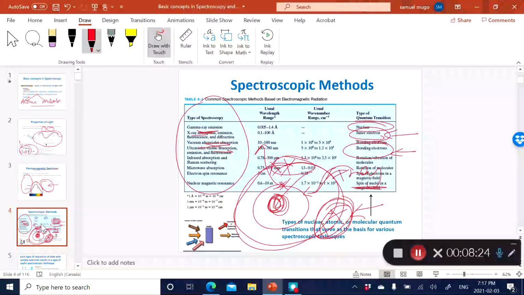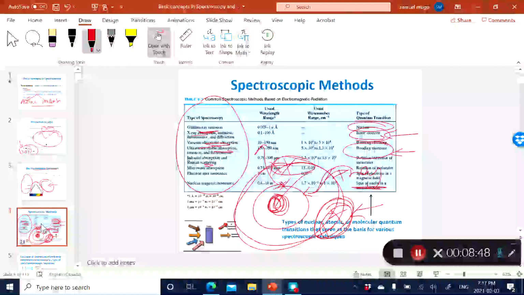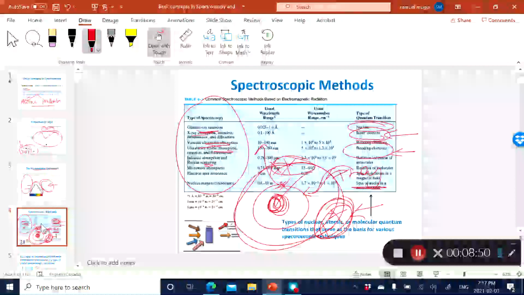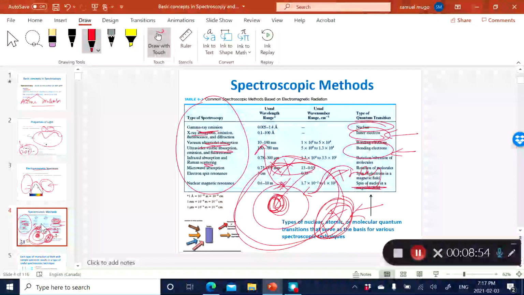vibration. Raman scattering, on the other hand, and I'm going to talk about it. What's happening to the electromagnetic radiation is that the specimen scatters the light, and that light is scattered in a quantized form, and as such is fairly useful for analyzing molecules, because the types of electrons that are causing the scattering are the bonding electrons as well.